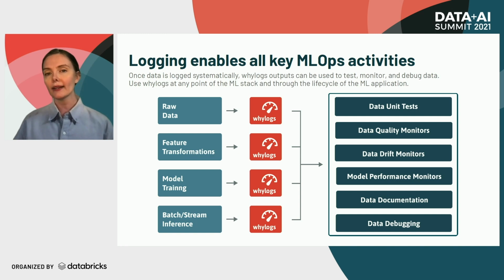By systematically capturing and storing such log files, you create a record of data quality and data distributions along the entire pipeline. By comparing log files from different places in the pipeline, you can build data unit tests, data quality monitoring solutions, performance monitoring, and debugging dashboards. Each of the log files can be compared across all of the features that are captured by one log file to another log file anywhere in the pipeline.